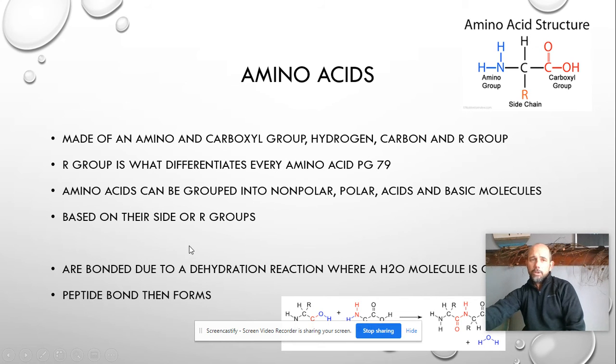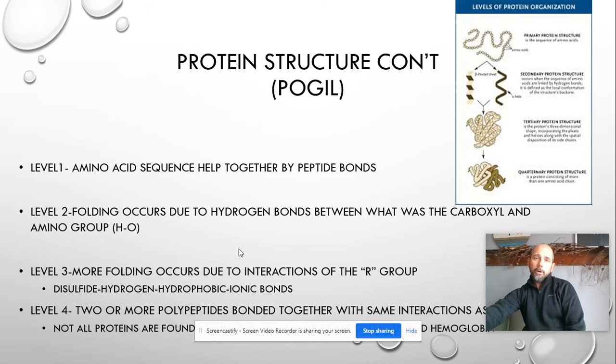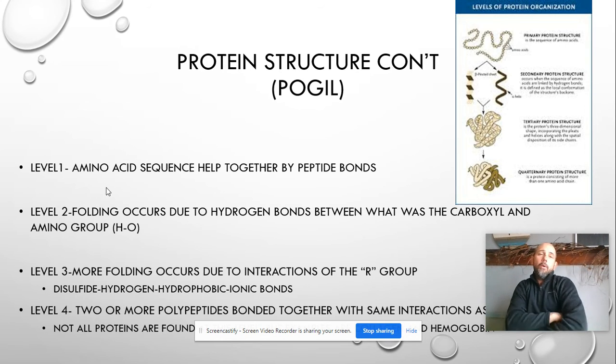So we're talking bonds. We're talking peptide bonds specifically that are going to bind amino acids together. And when we break these down, we're going to break them into basically the 4 different levels, just to have that overall thought process of what's occurring at each of these levels. In number 1, amino acids are held together by peptide bonds.